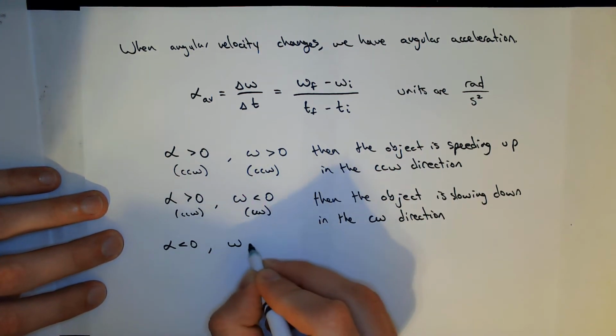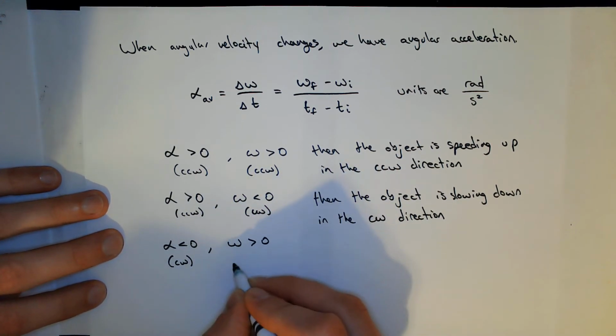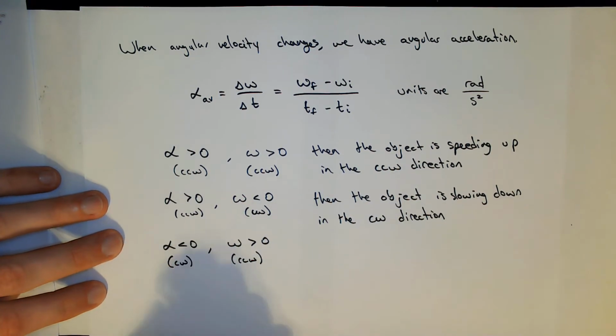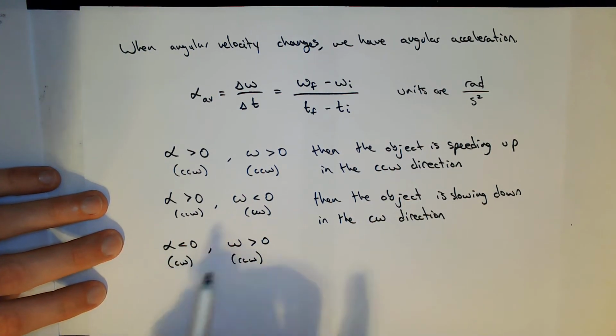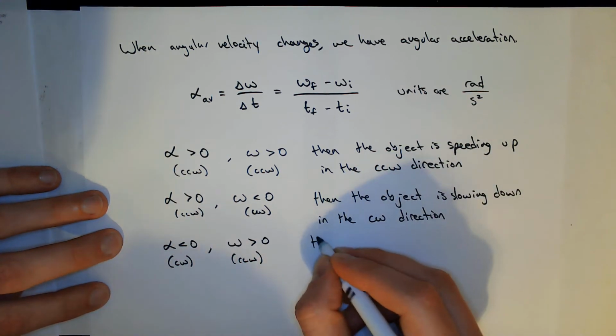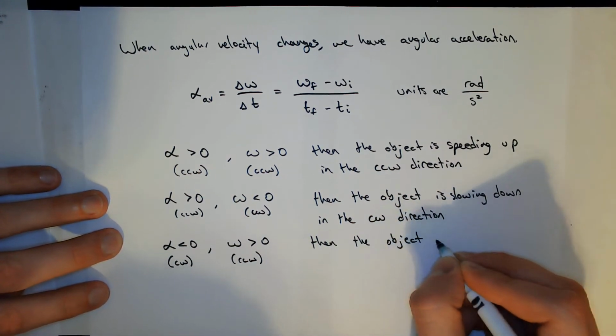All right, so what if the case is that acceleration is clockwise and velocity is counterclockwise? Sorry, dang it. So acceleration negative, velocity positive. Then again, they're fighting each other, so the object is slowing down.